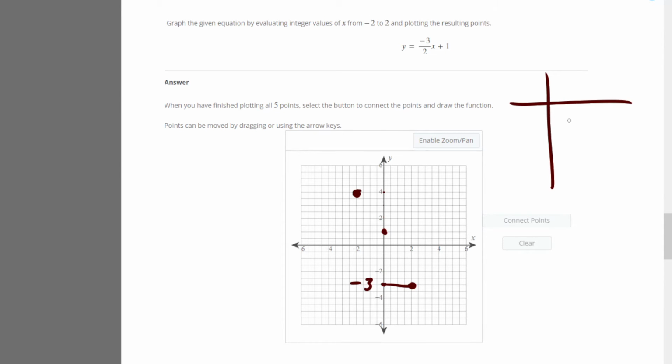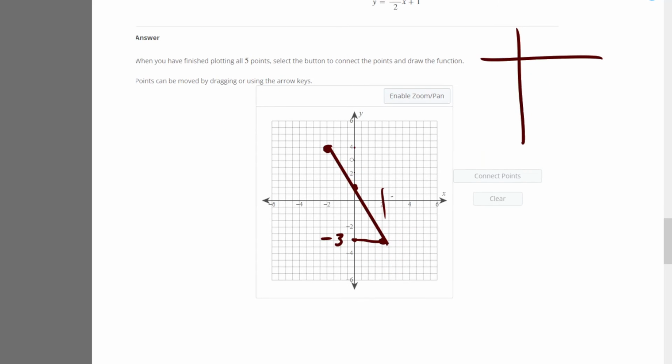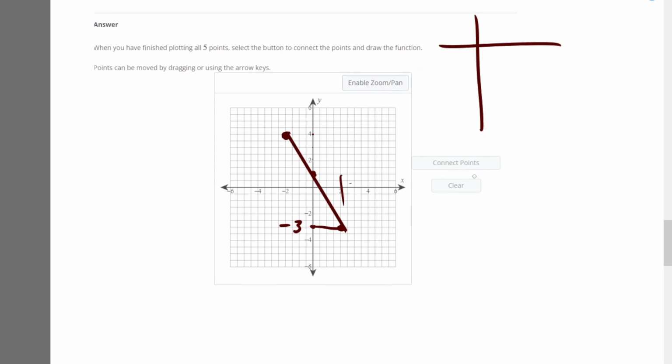But it's a little trickier when it is in the middle. At that point, I would just plug in the values. I don't like that Hawks makes it so you have to do -2 to +2, but it is what it is. So that's what I would do. You can find the others by plugging in, say, -1 for x and 1 for x. If you have any questions, please let me know, and I'll answer them as soon as possible.